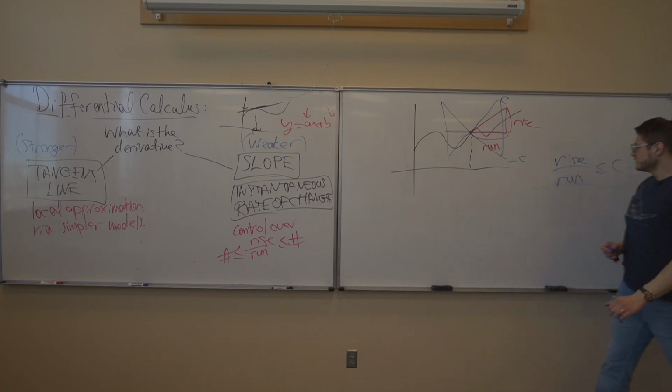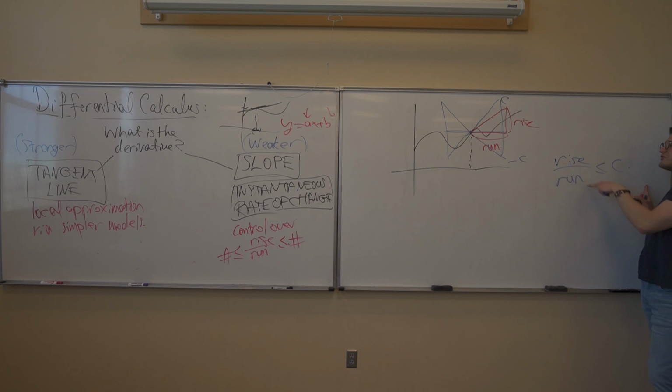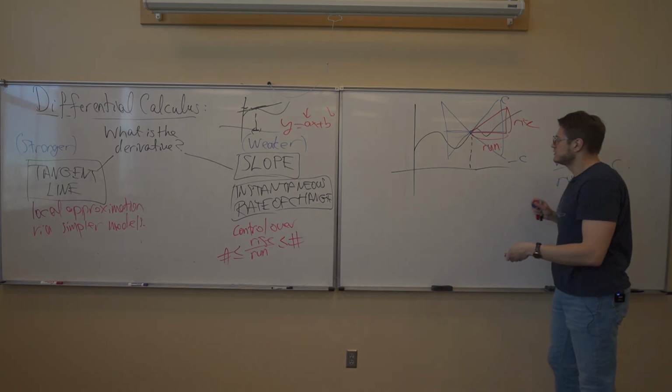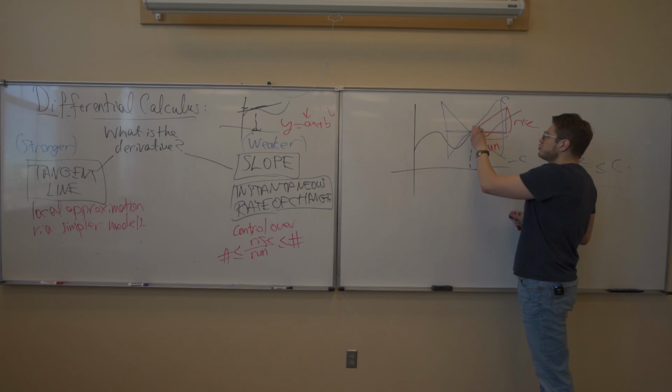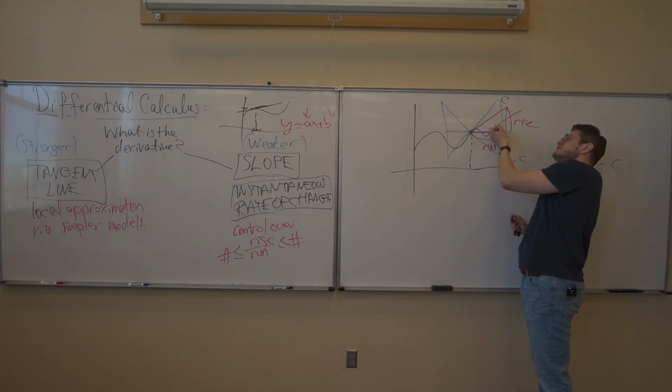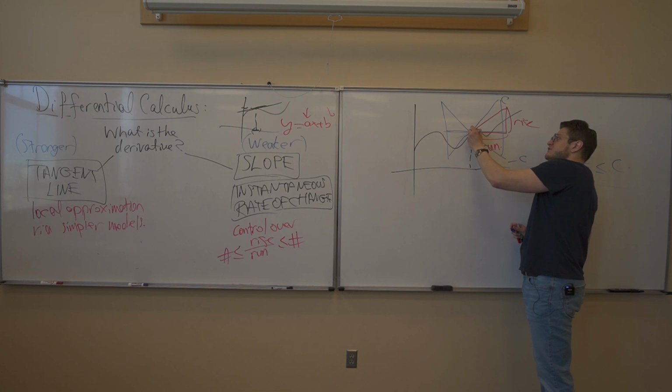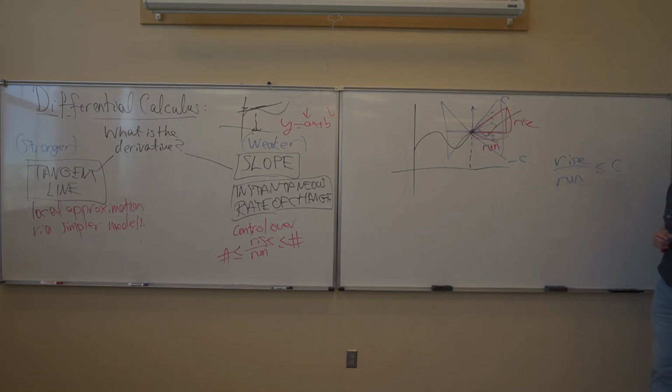So this is saying that if you can control rise over run by c, by some number, that means that you can control the function in such a way that you know that at this point, as you're moving this way, it's not going to escape this way. It's going to only escape in some direction that is inside this cone. And likewise in the backwards direction.